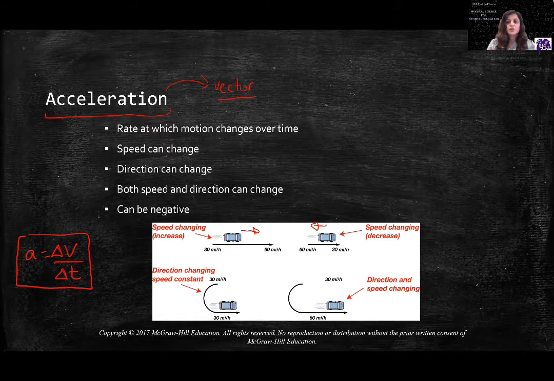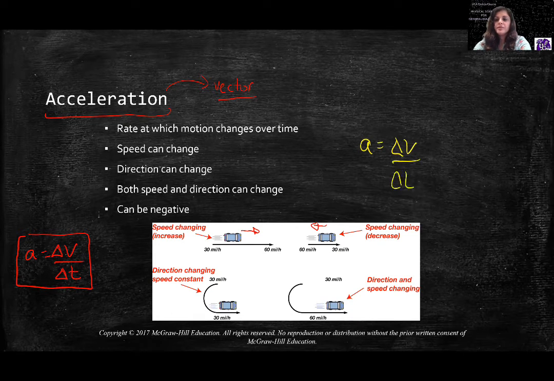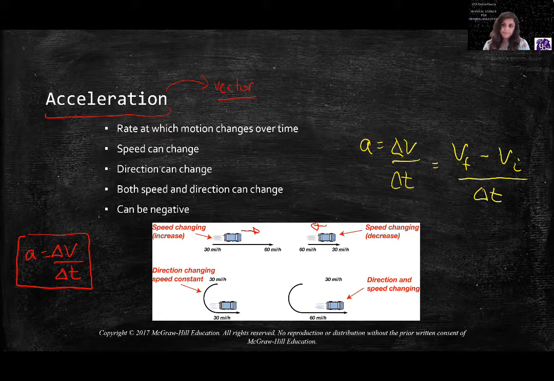So let us look at how we can write our relationship, our law for acceleration, which is change in velocity with change in time. You see, the change in velocity can be obtained by taking the final velocity and subtracting the initial velocity.